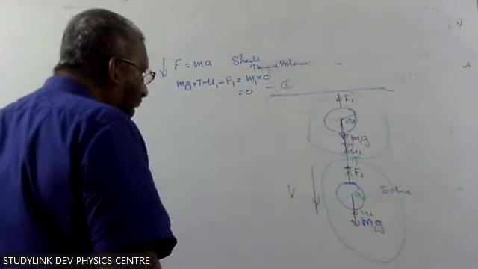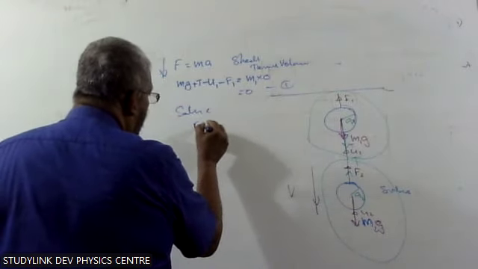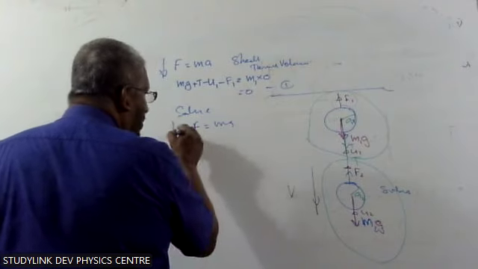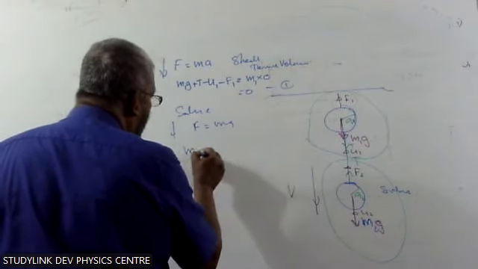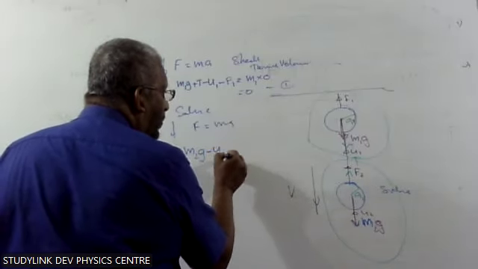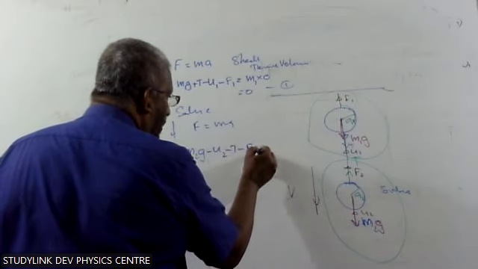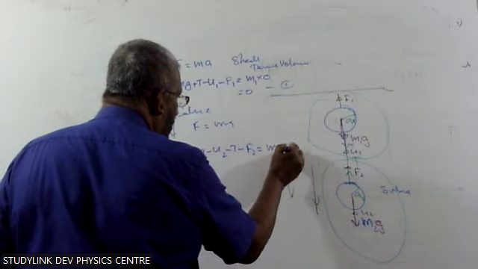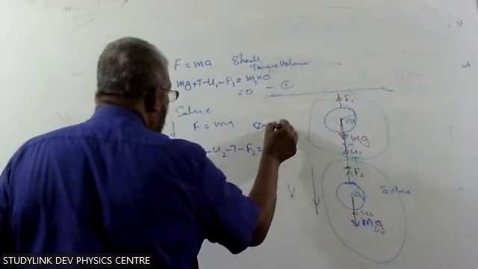For the second one, the solid one, F equals ma, vertically down. Then we can apply M2G minus U2 minus T minus F2 is equal to M2 into 0. Again, velocity is constant, or acceleration is 0.